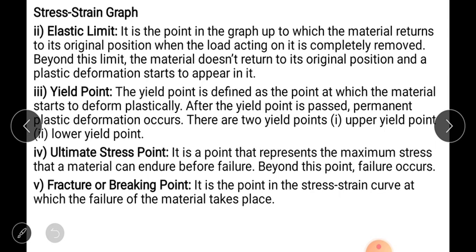Understood? Okay, so that stress strain curve you have studied in the 11th or 12th standard in detail, and in physics also you have studied the stress strain curve. Before studying the stress strain curve you will not understand any material property, that is brittleness, ductility, Young's modulus, Poisson's ratio.